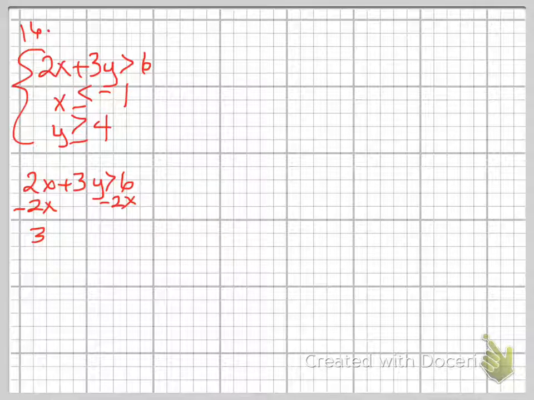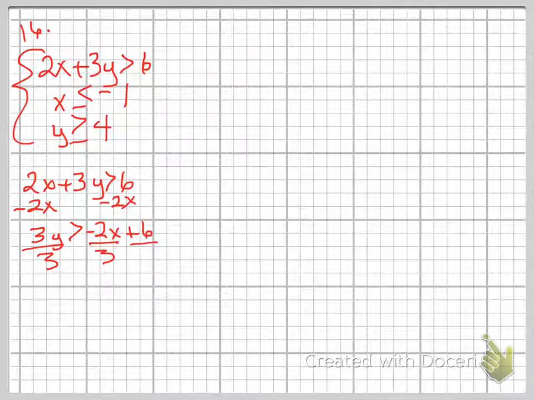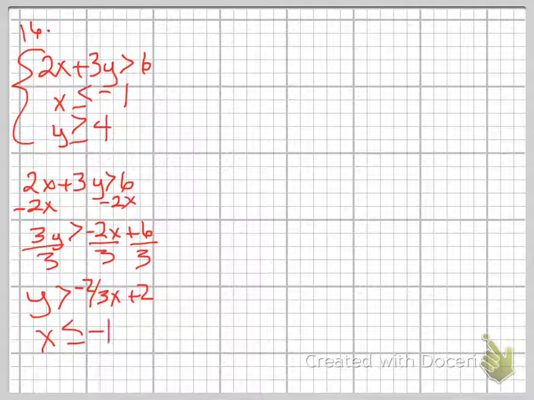That gives us 3y is greater than -2x plus 6. We need to get y by itself, so we divide by 3, and we end up with y is greater than -2/3 x plus 2.